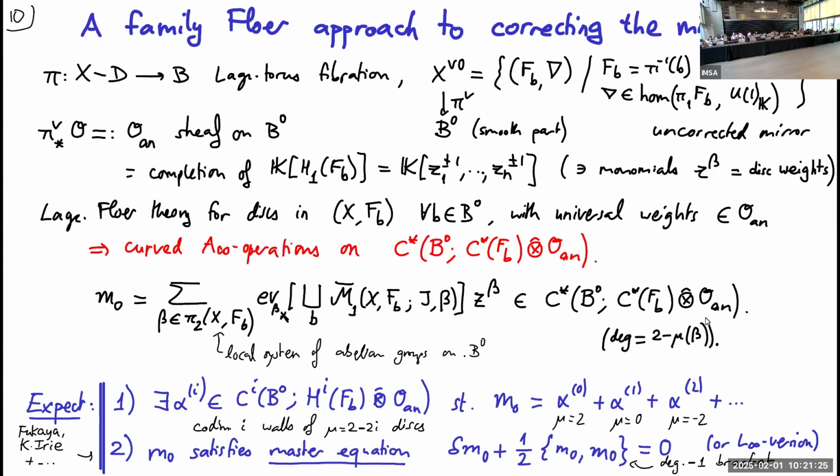So we'll do Floer theory for a family of Lagrangian fibers with coefficients in some completion of the Laurent polynomials with Novikov coefficients in n variables. So these coefficients are where these weights Z^β live, and I want to complete them to allow for the kinds of series that I get in Floer theory.